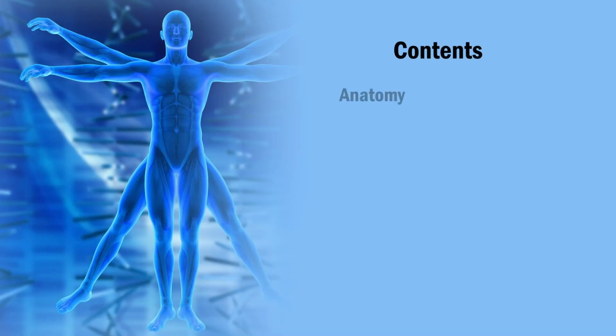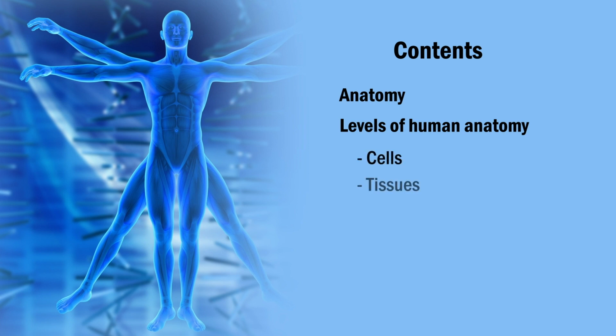In today's lecture, I am going to cover the following topics. First of all, we will see the meaning and relationship between anatomy and physiology. After that, we will see the different levels of anatomy starting with atom level to organism level.